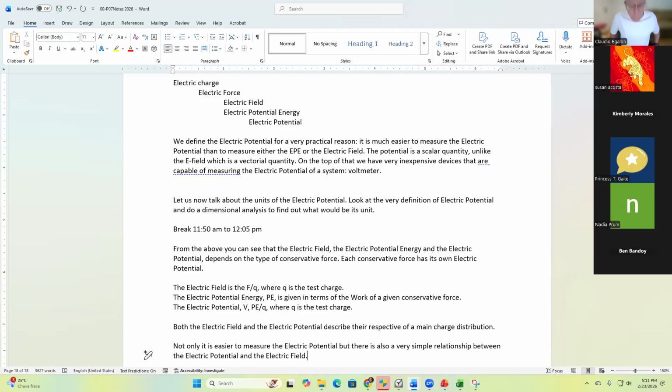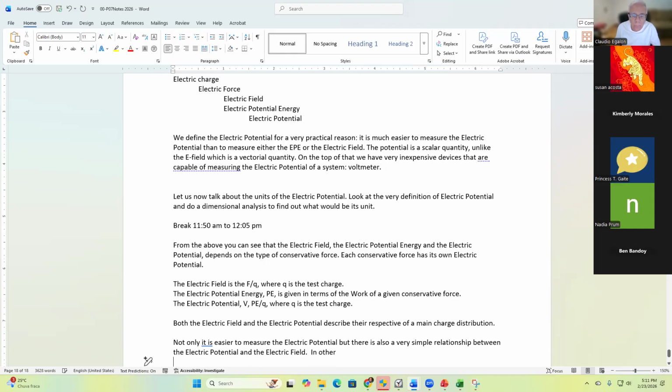Okay? If you know, in other words, the electric potential distribution throughout a given space, you can determine the electric field. Okay?